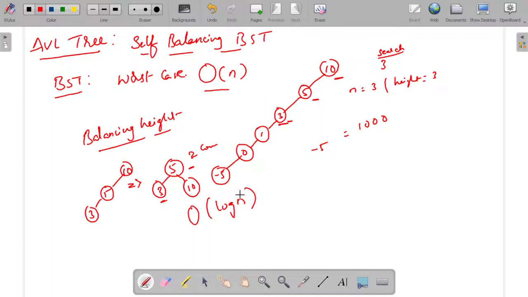So it is always in algorithms that the linear time, which we say big O of n, is always bigger than the logarithmic time, which is big O of log n. So our focus is to construct a binary search tree or construct a tree whose time complexity in worst case scenario is big O of log n. And this is the reason why we are going with AVL trees or different balancing trees.